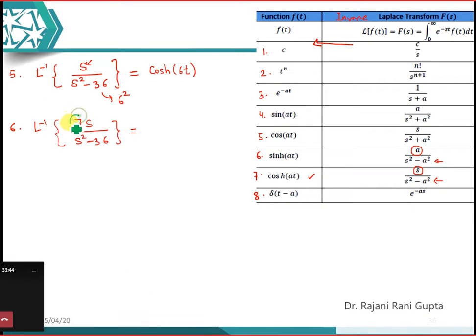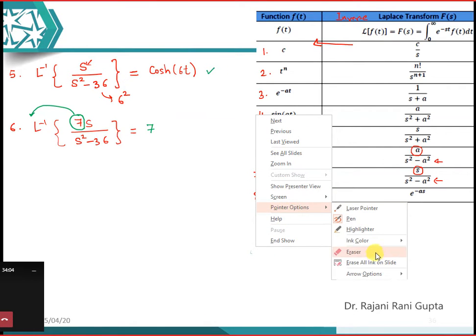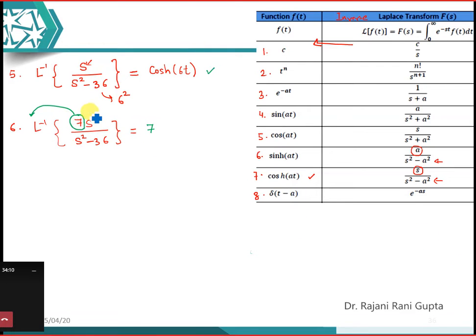Because you have a number 7, which is a constant, which is not required when you are using this rule. So you take 7 outside the transform, and on the remaining function, s over s square minus 36, you apply the rule like we did here. So this gives you cosh 6t. So we keep the things that are required and take out the unnecessary things.